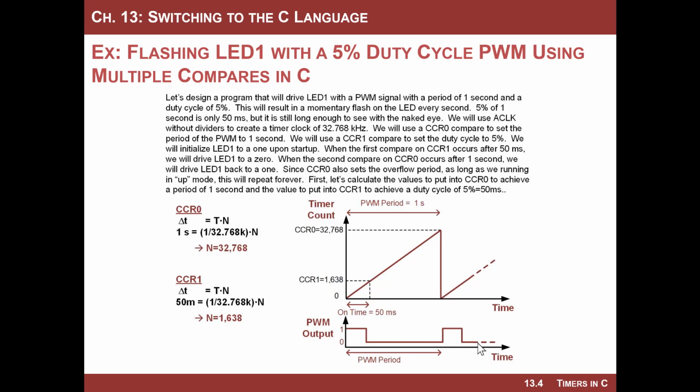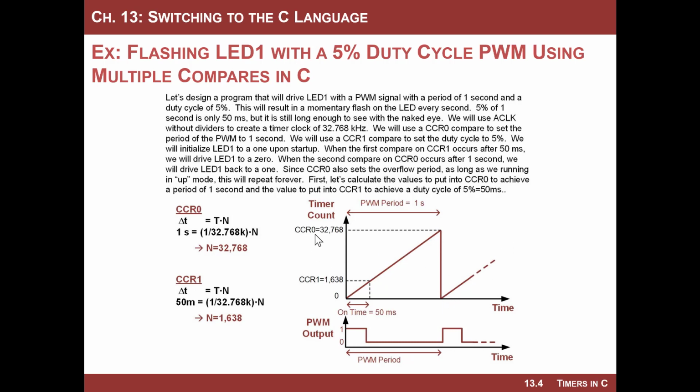We are going to use the special functionality of CCR0 on the MSP430 to dictate the PWM period. The reason is that if we put the counter in up mode, whatever value we put into CCR0 will be the value that causes the timer to go back to 0 and start counting again. So it's very simple.